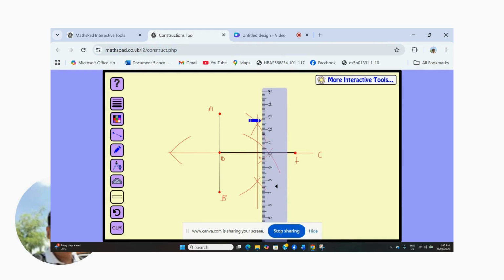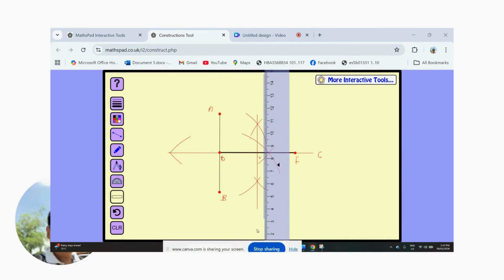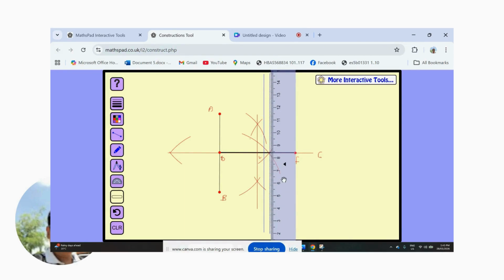For me, I'm going to draw only six lines. And distance between these construction lines is not important here.